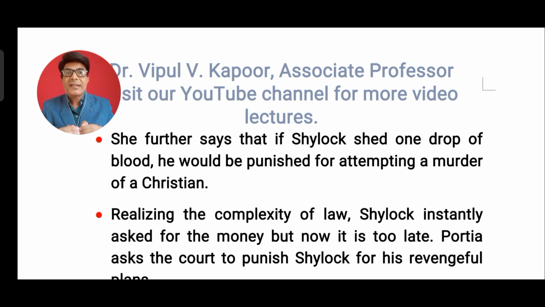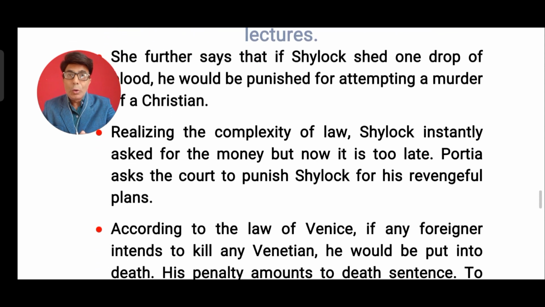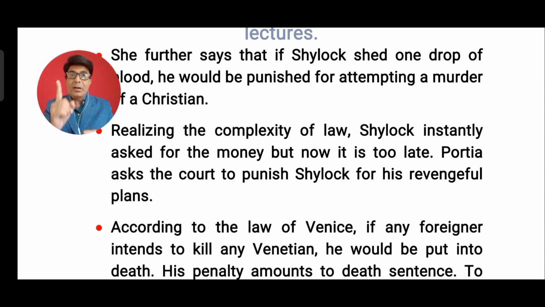So she further says that if Shylock sheds 1 drop of blood, he would be punished for attempting a murder of a Christian. And as per the law of Venice, whoever attempts a murder of a Christian will be sentenced to death. So now the tables are turned.